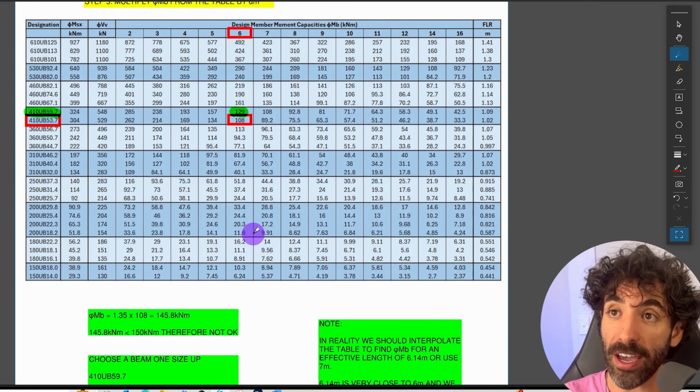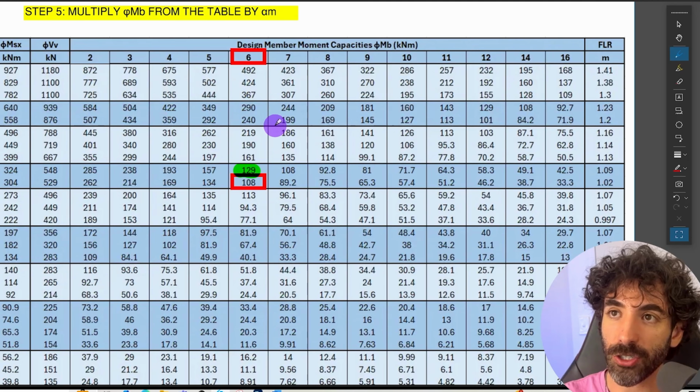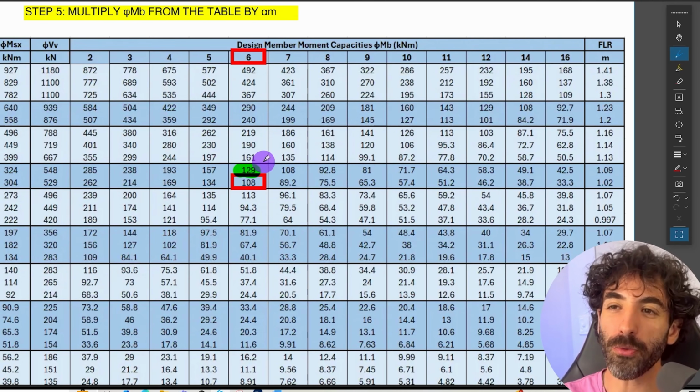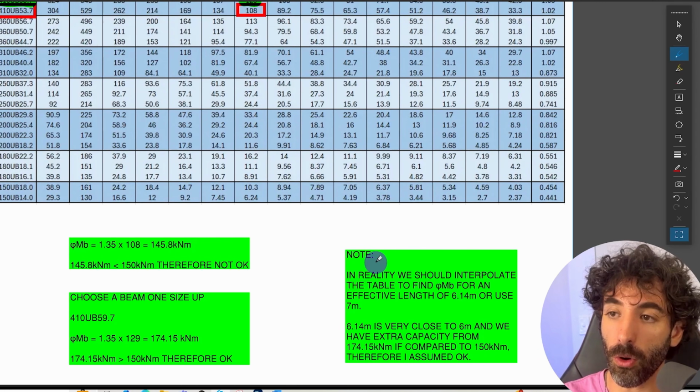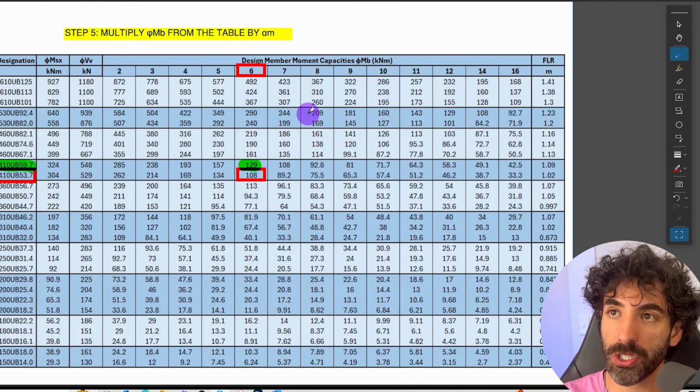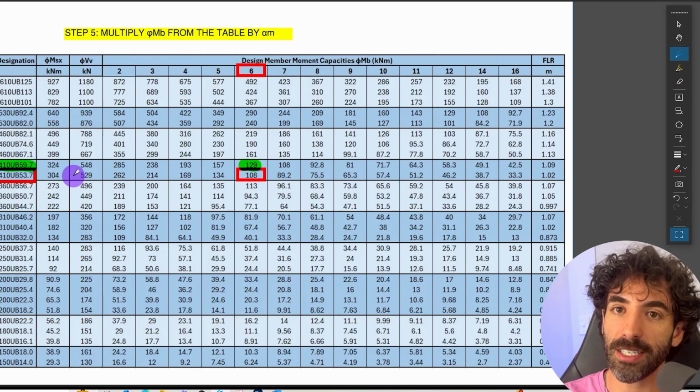Because our effective length is actually in between 6 and 7, is 6.14. So in reality, we don't have 129 kilonewton meter bending capacity. We have a little less than that. You can interpolate and find the real value, or you can be very conservative and choose 7 meters. But in this case, this section wouldn't work. You would have to choose one section above that.